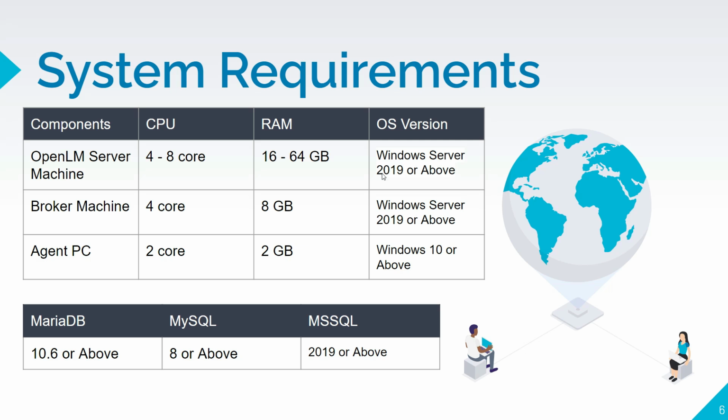Actually, we support 2000, 2016 as well, but I would like to make it newer. So 2019 is the standard, I think, for now. Broker machine, 4 core, 8 gigabyte, and 2019 or above. Agent PC, 2 core, 2 gigabyte, Windows 10 or above.